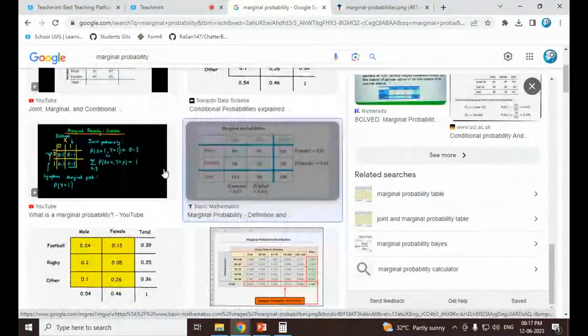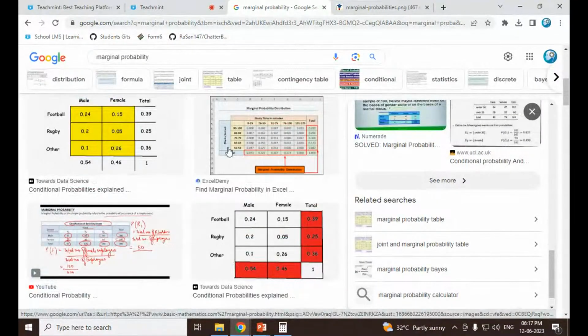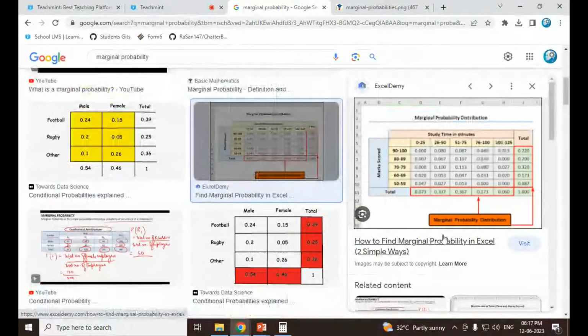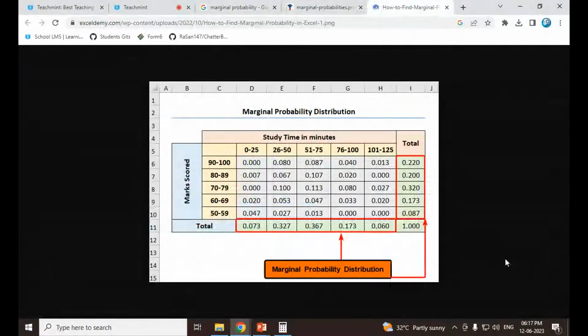Football is there. We have marginal probability. Do you understand this? Study time in minutes, and marks scored. And you have totals, here a total and here a total.